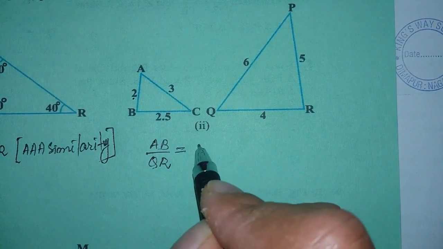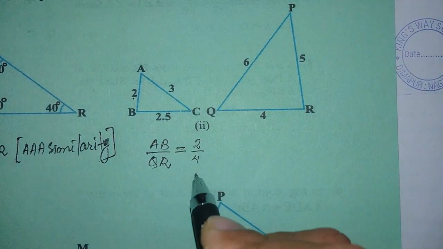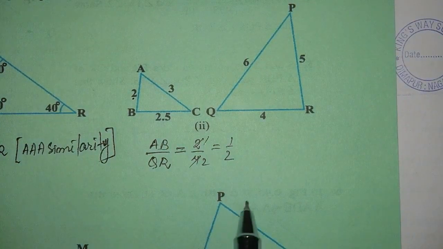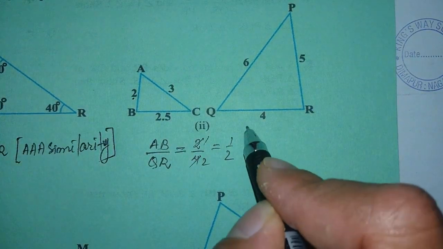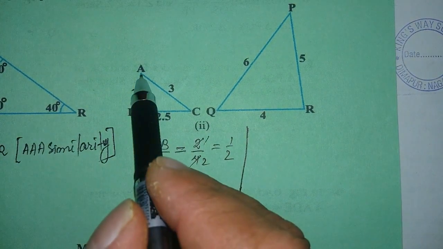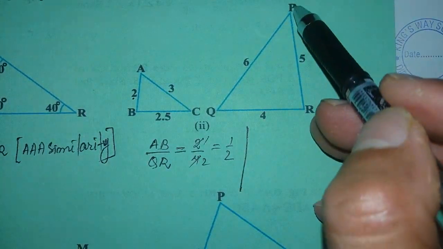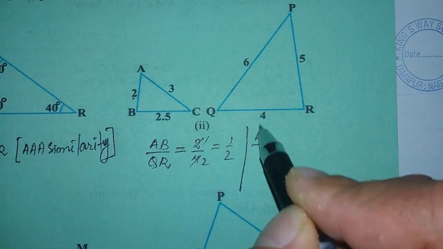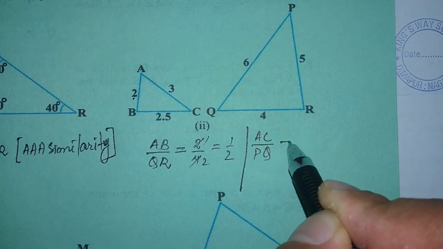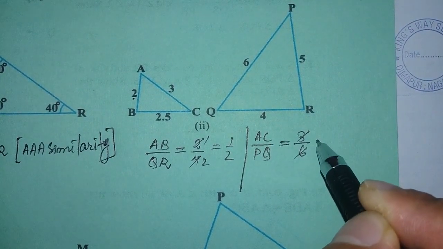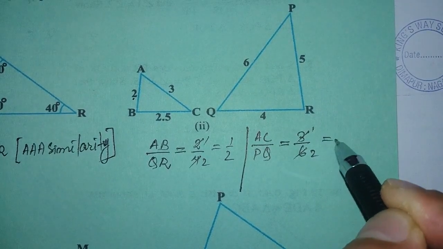AP by QR is 2 by 4, which is 1 by 2. Now the longest side here is AC and the longest side here is PQ. So AC by PQ, here we have 3 by 6. This is 1 by 2.